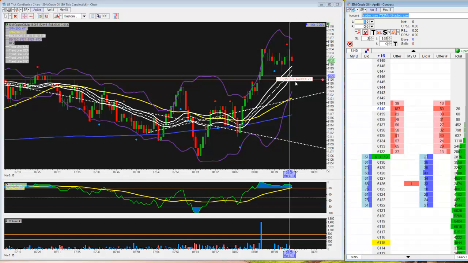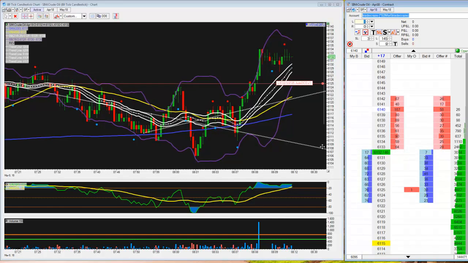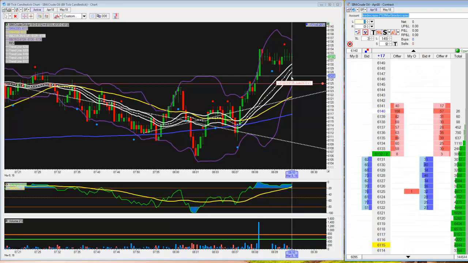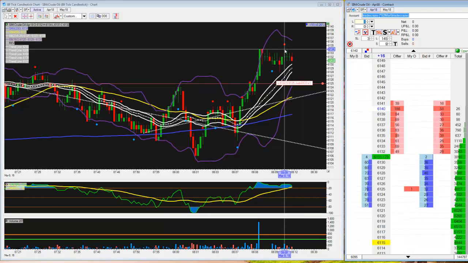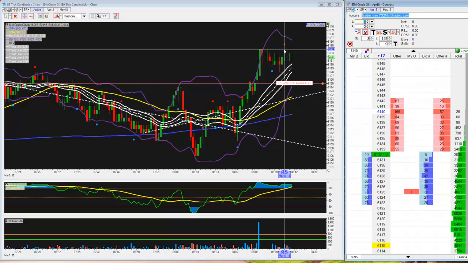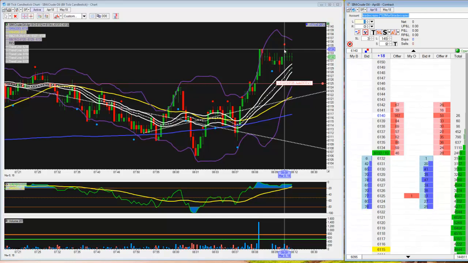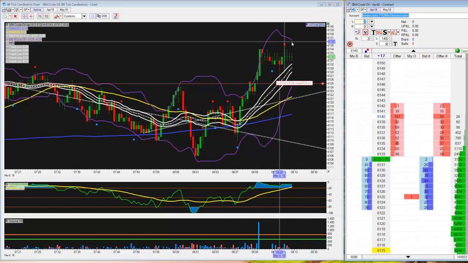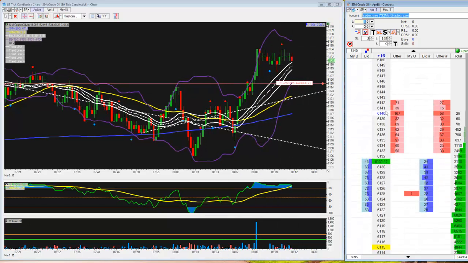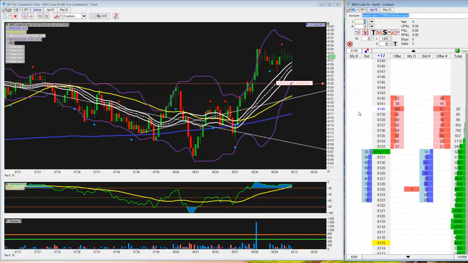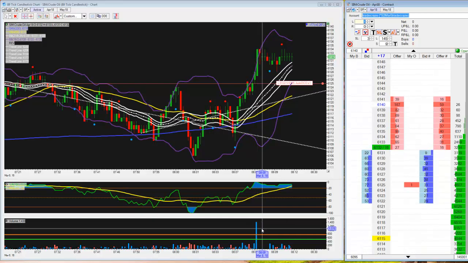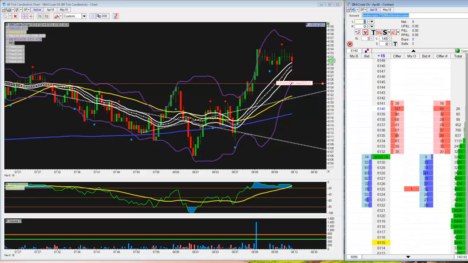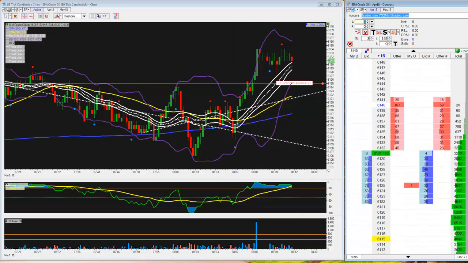Let's use this bar here. High is 61.40. There's your high bar right there. This is the highest volume bar on the charts now, 1430 coming in at 8:09.